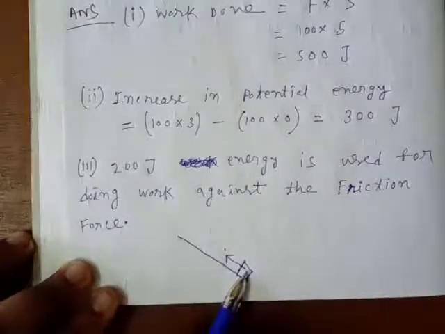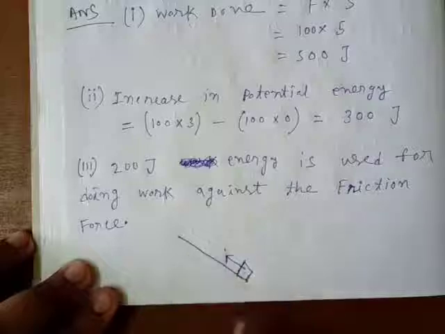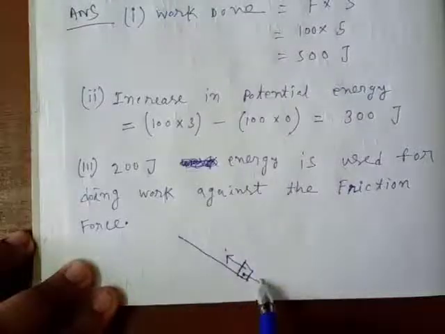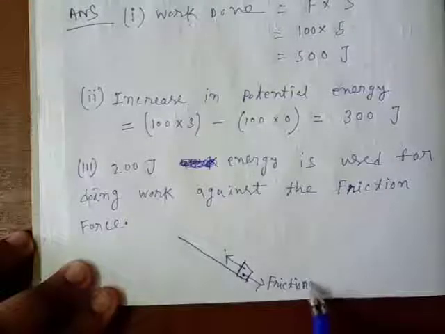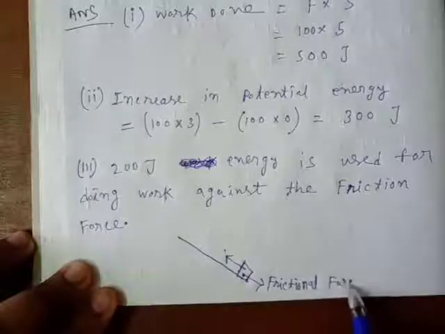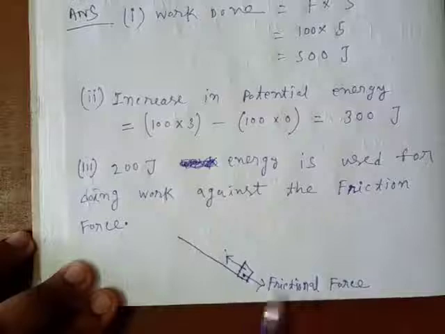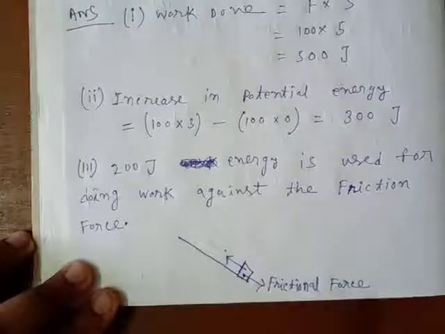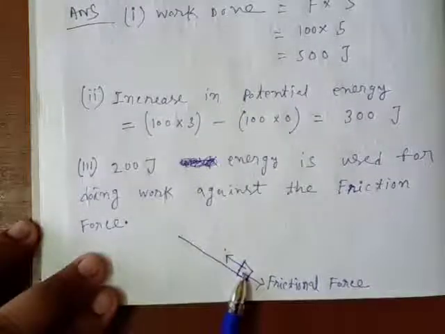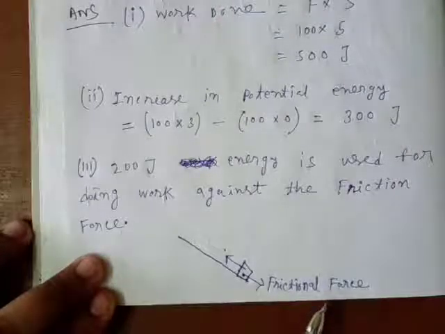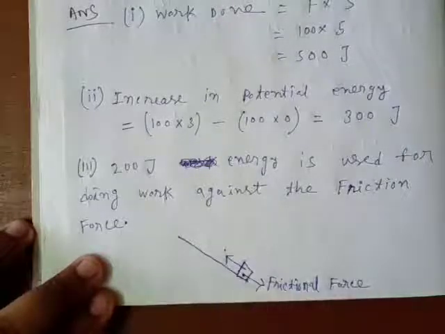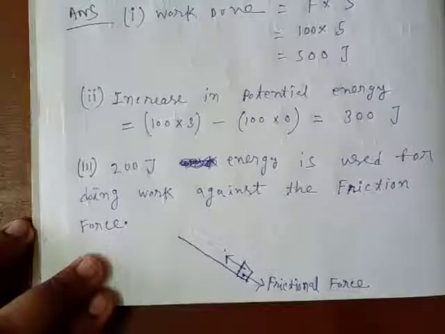So the body is moving upward, so obviously the frictional force is acting in the downward direction. Okay, so this is our frictional force. So understand, the body is displaced upward but the frictional force is acting downward, so the work done by the frictional force will be negative.